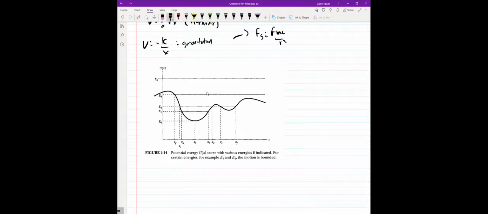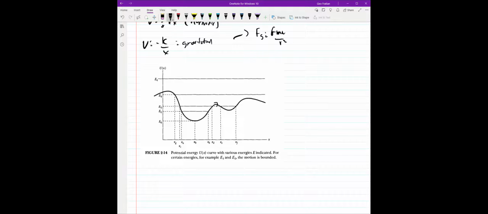We can notice, for example, for E1 and E2 the motion is bounded. In other words, if you jump from energy 1 to energy 2, you're stuck in this potential well, you can't get out. But if you have enough energy to hit E3, boom, you can jump out and escape this way. And then E4, well, you're not bounded anywhere.